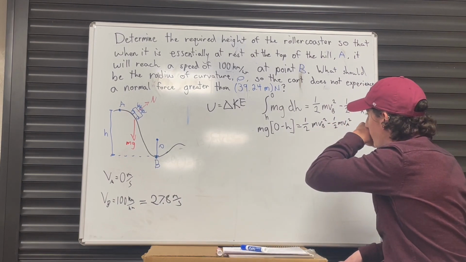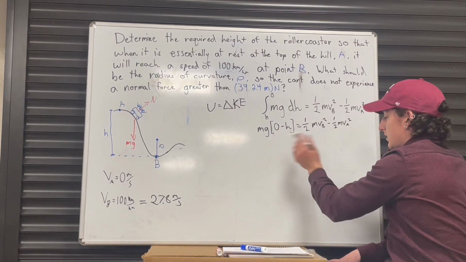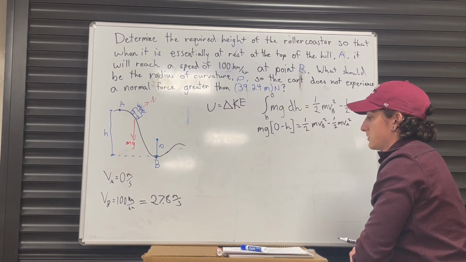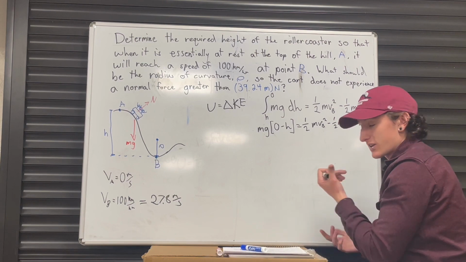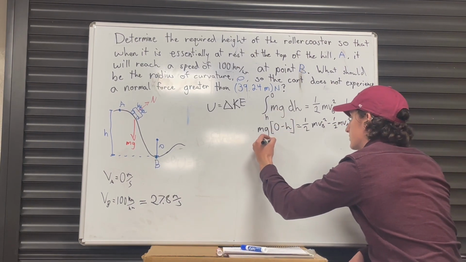Okay, so next thing we see here is that the mass divides out, so the mass doesn't affect the problem at all. And then we can divide by g and essentially solve for h.